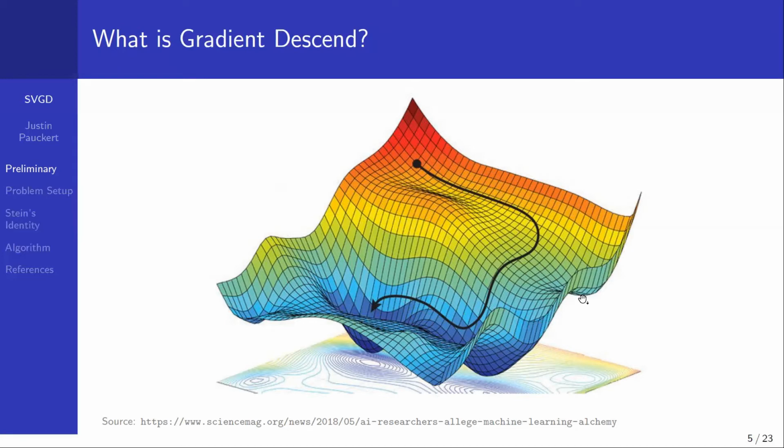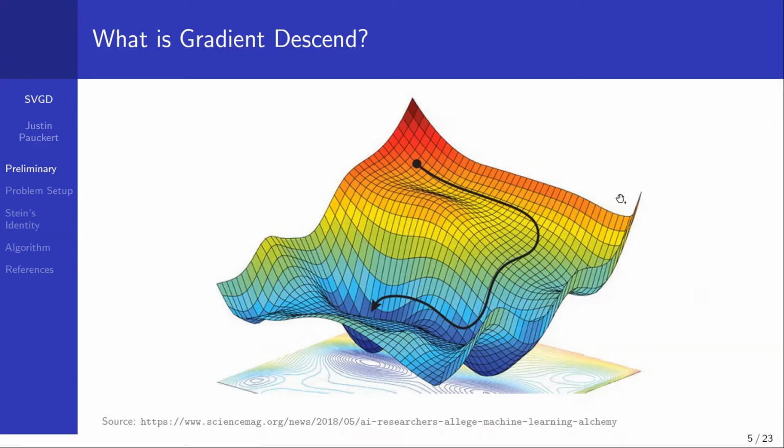This is actually very crucial. Usually you have to fiddle around with the step size and also get a bit lucky sometimes to find the global minimum, so the best set of parameters that exists. You might get trapped in a local minimum. But this is the idea of gradient descent, and just to give you a quick idea of why we're using this today and why it's also part of the main topic.